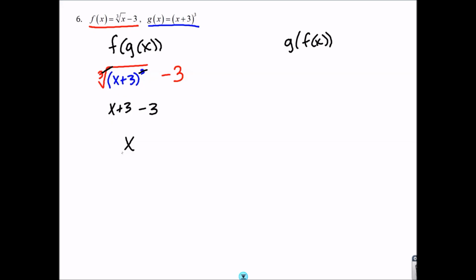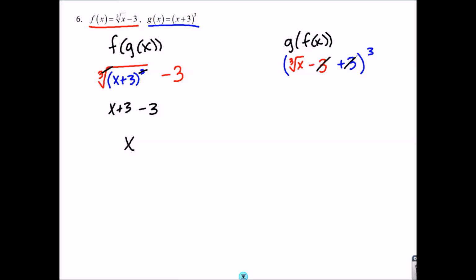So far it looks like they are inverses, but I need to check g of f of x as well. So if I start with g of x, I need to plug in f of x. So you always start inside the parentheses.